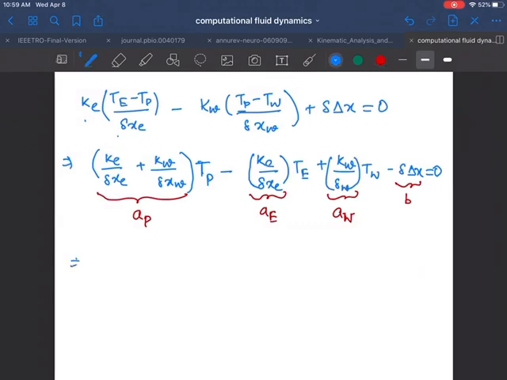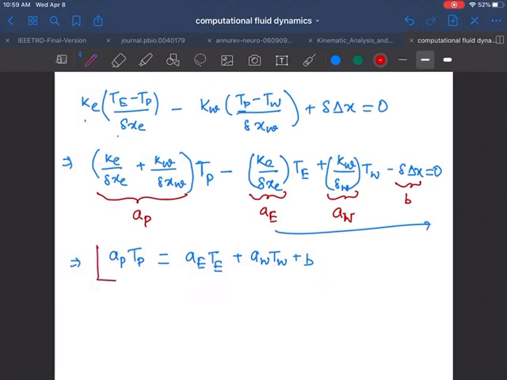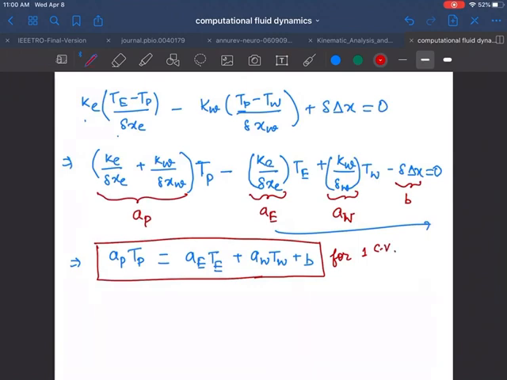Now we can write as a whole APTP is equal to, letting all these terms move to the right hand side, AETE plus AWTW plus B. Essentially this is the discretized algebraic equation for one particular control volume.